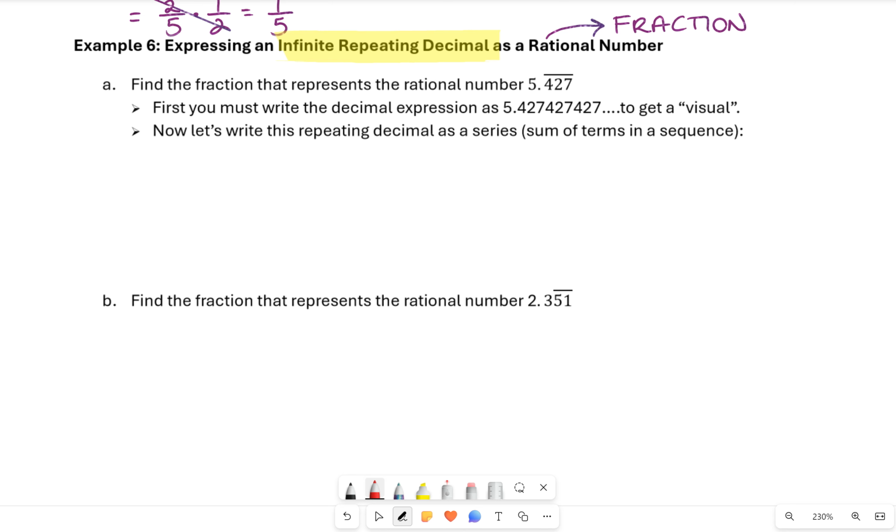So 427 repeating means that I write 427, 427, 427 continuously forevermore. I want to convert this to a fraction.